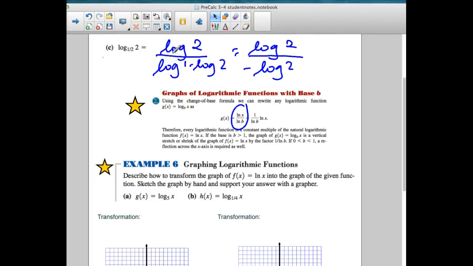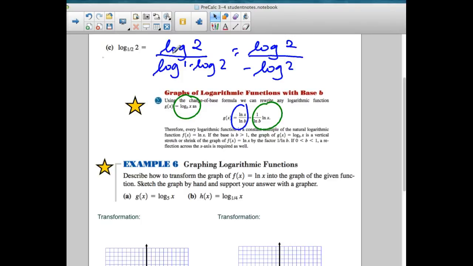Okay, so it says therefore every logarithmic function is really a constant multiple of a natural log. We can take any base and we can rewrite it as a constant times a natural log. Okay? All right, if the base is bigger than 1, the graph is going to be log base b of x with a vertical stretch or shrink.